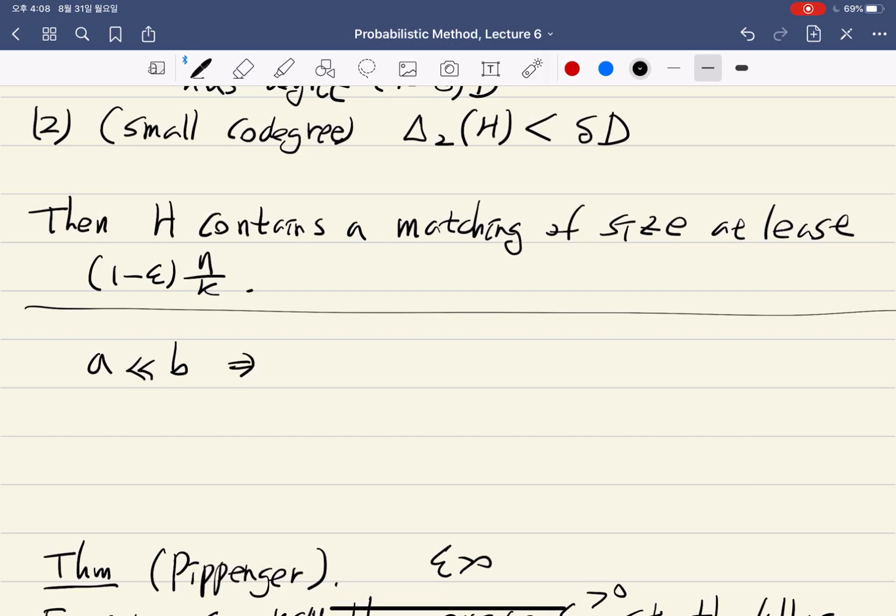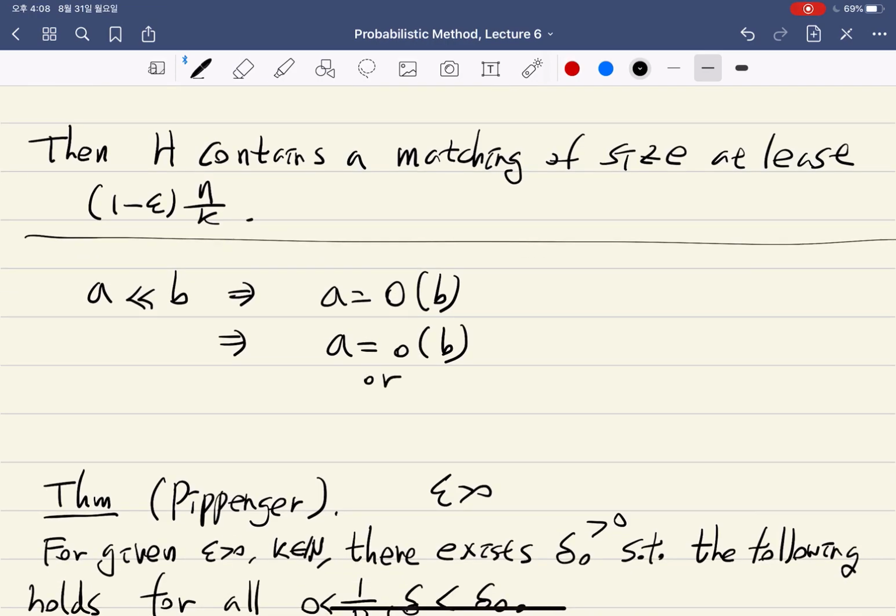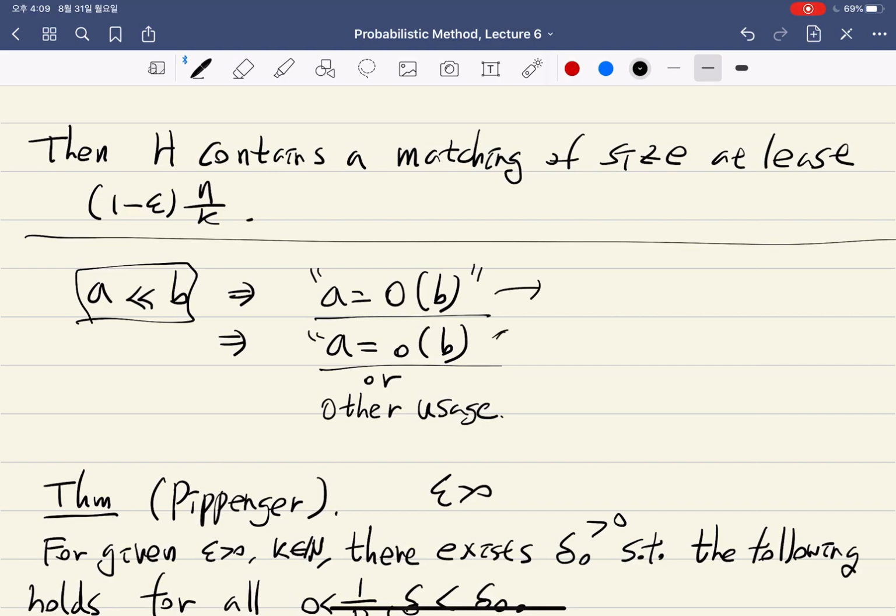In number theory, it means that A is big O of B. And in combinatorics, it is one of two things: either small o of B or the other usage that I'm going to explain. Lots of papers use this notation with different meanings. So these two are clear. Sometimes you write this, sometimes you write this. As far as I understand, lots of number theory people or some computer science people write it this way. In combinatorics, most of the time I think they write either this or this.